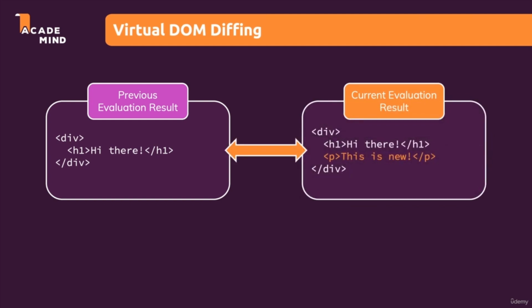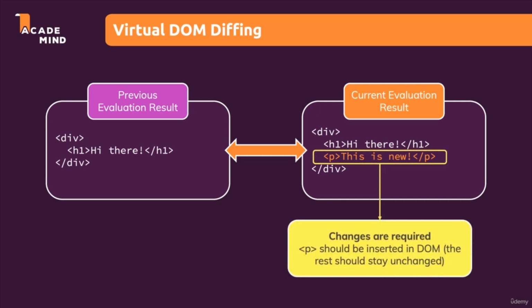In this case, React would determine that the difference between both snapshots is this paragraph, and it would report this change to React DOM so that React DOM can update the real DOM and insert this paragraph. React DOM would not re-render the entire DOM. It would not touch this existing h1 or div element. It would only insert the paragraph after the h1 element inside of the div. That's how React works behind the scenes in a nutshell.